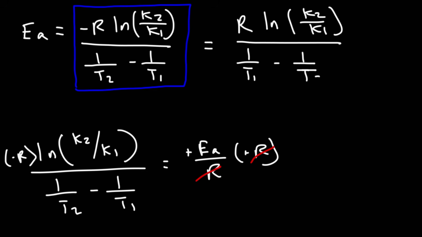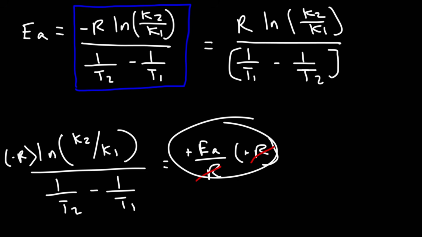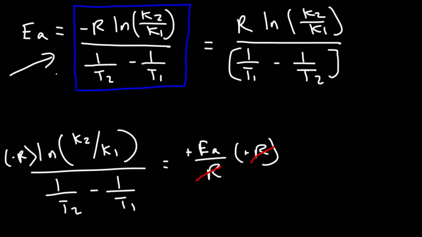So you might see it in that format too. Just be aware of that. But if you have the negative sign, it's going to be 1 over T2 minus 1 over T1 instead of the reverse. Now let's go back to this equation. Make sure to write this equation, by the way, because you're going to need it to solve problems.